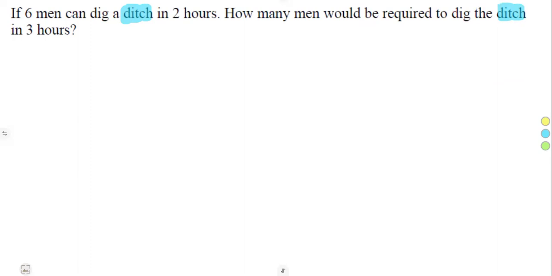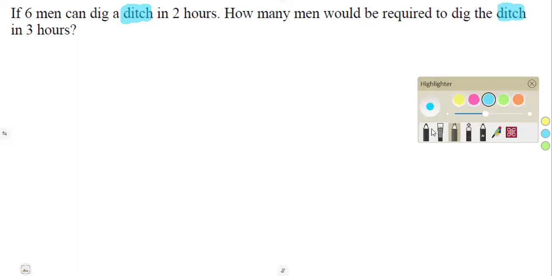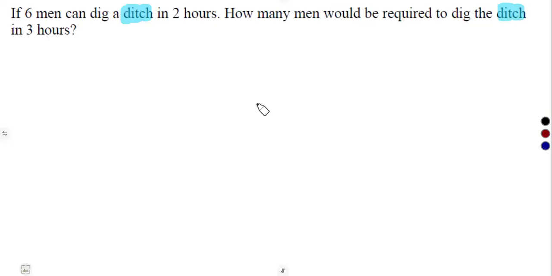In our reality, guys, you have, let's say, a certain work to be done. Even to clean a house.